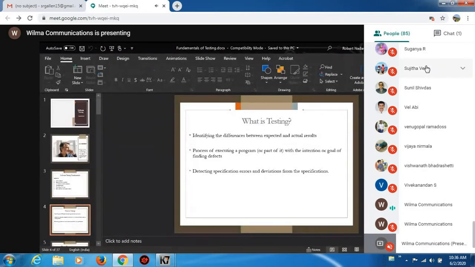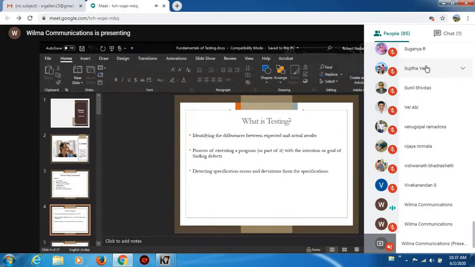So that is the first reason, the first specific definition, for why we need to conduct testing on the developed project. Why? To make sure whether my developed product meets the expected results, and whether it meets the client's expected specification or not.